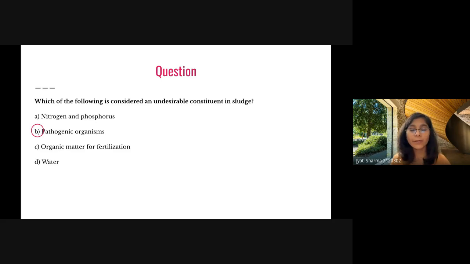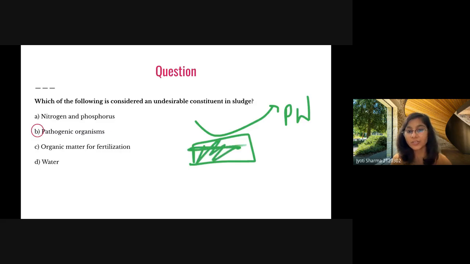Sludge is whatever you are getting after the wastewater treatment. You will get the pure water, and whatever remains will be your sludge. Okay, and this sludge may have a lot of things. For example, if it is from a sugar cannery or distillation, then you can get glucose in it.